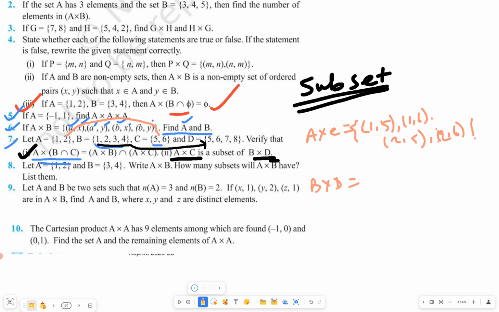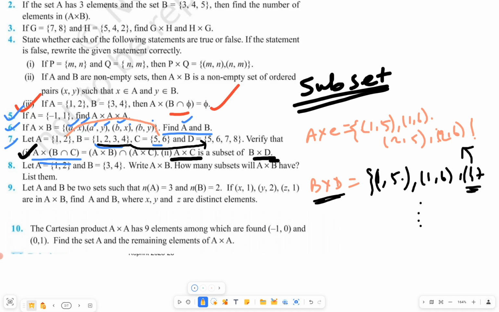Obviously here there will be more elements: (1, 5), (1, 6), (1, 7). There is one more element here, so this is a subset. And obviously we have more elements.